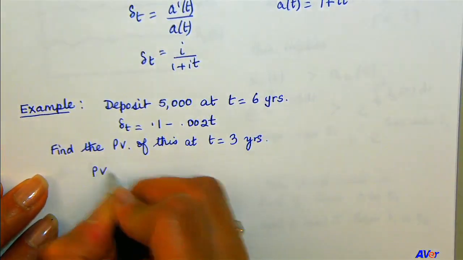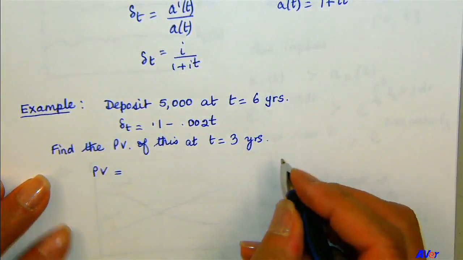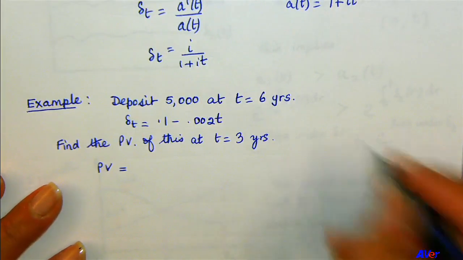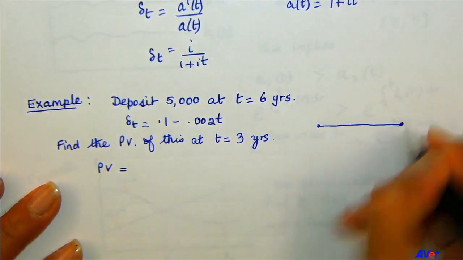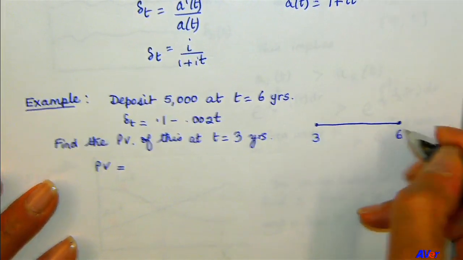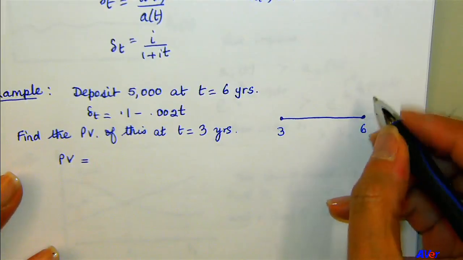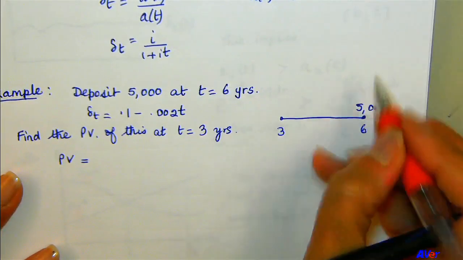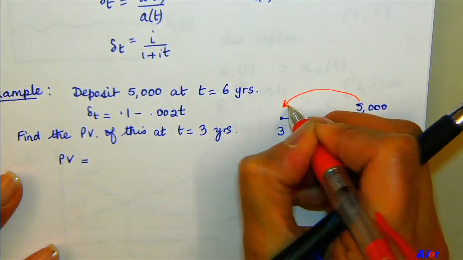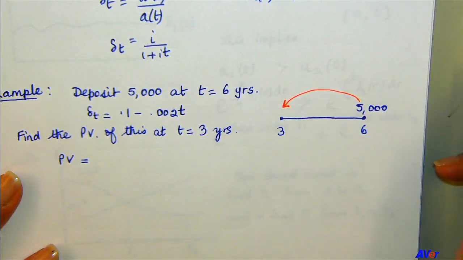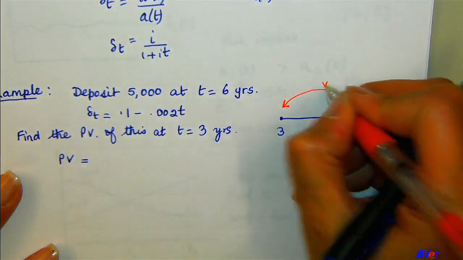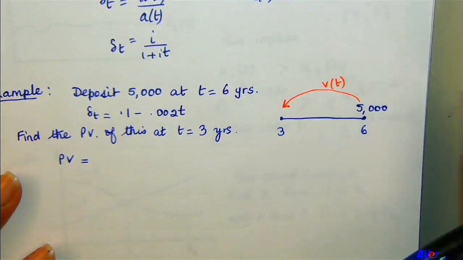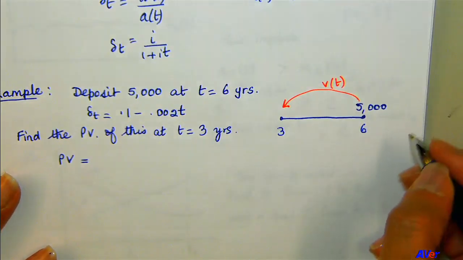So what's the discount factor? We want to bring it back, right? Let me draw a timeline. Time 3, time 6. I have 5,000. I just want to know the present value of this 5,000 here. So what should I be multiplying by? V of t, right? What is V of t for this strange accumulation function?